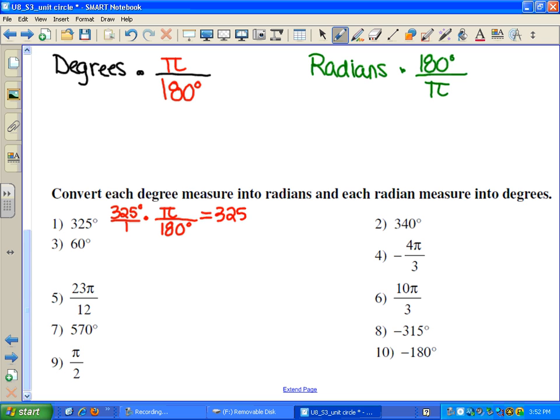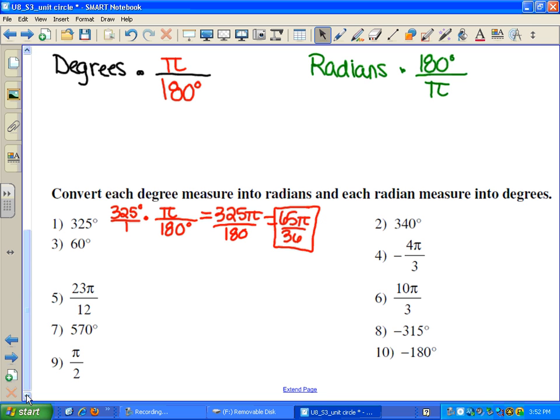So I get 325 pi over 180. Now the only thing I need to do here is I want to go ahead and reduce this. And so I can reduce this so that it reads 65 pi over 36. So there would be my answer. 325 degrees is the same as 65 pi over 36.